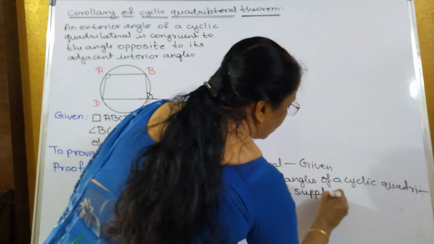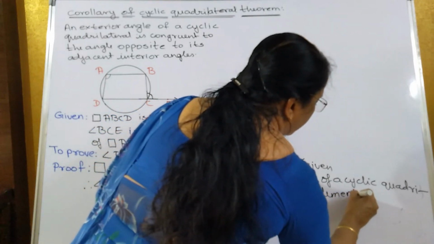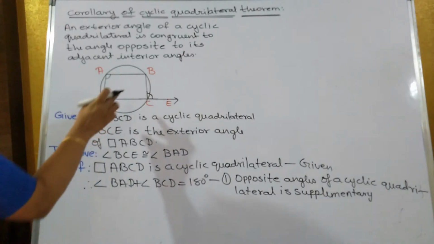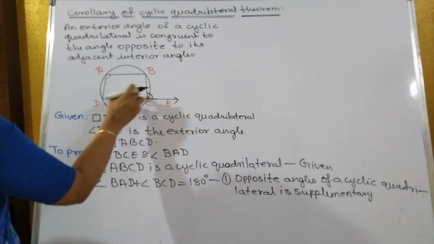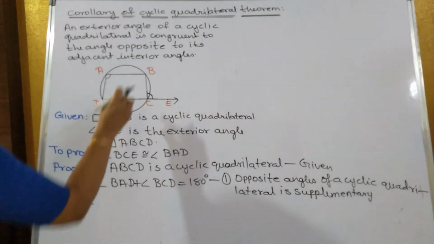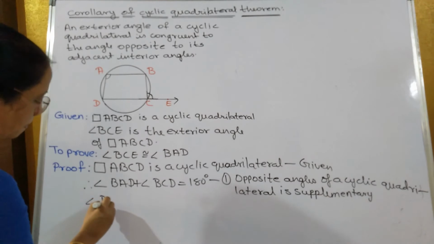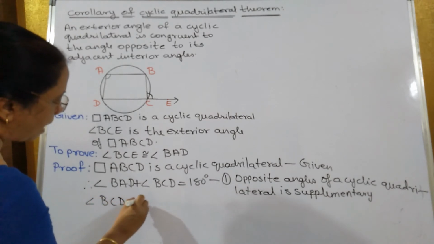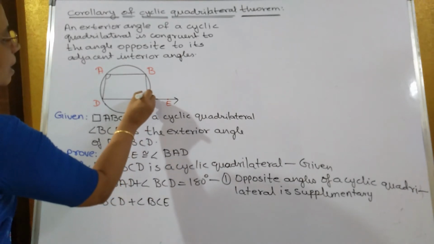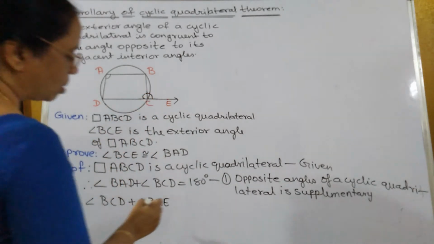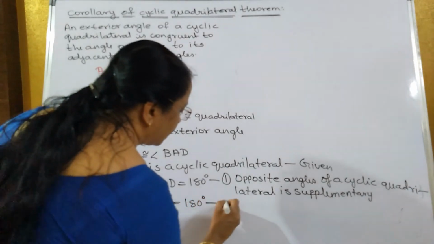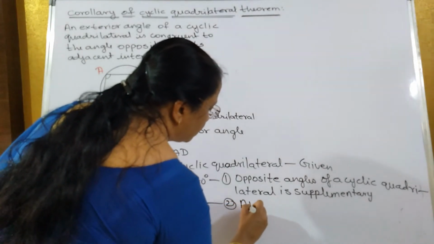What is the meaning of supplementary? That it is 180 degree. Now this angle and this angle are also 180 degree, angles in linear pair. Angle BCD plus angle BCE, that is this angle and this angle is equal to 180 degree, angles in linear pair. Let this be two.